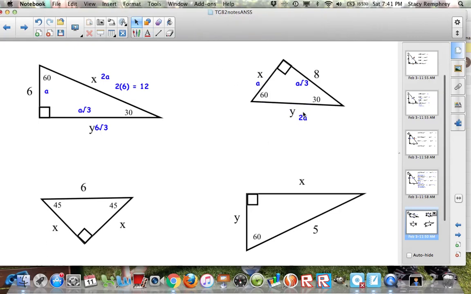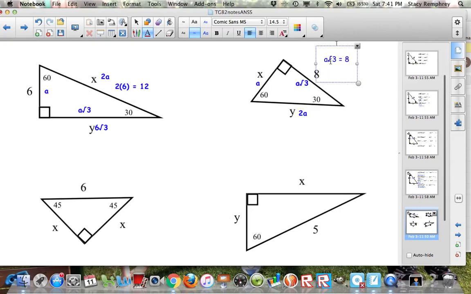Okay. So this one can look a little crazy because you're like, wait a second. It says here a root 3 equals 8. So we're just going to set a root 3 equal to 8. I'm going to divide both sides by the square root of 3, and I'm going to get 8 root 3 over 3.